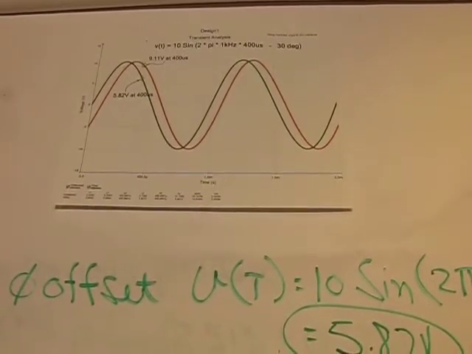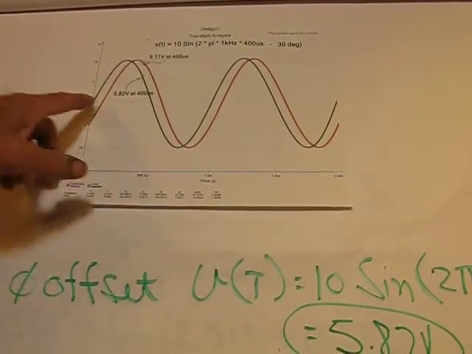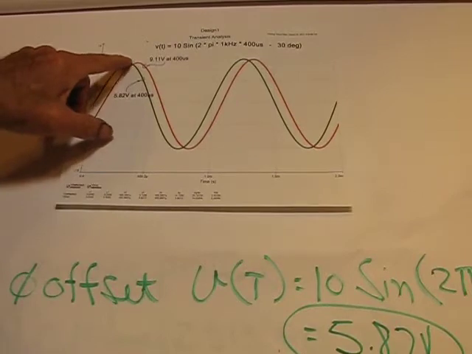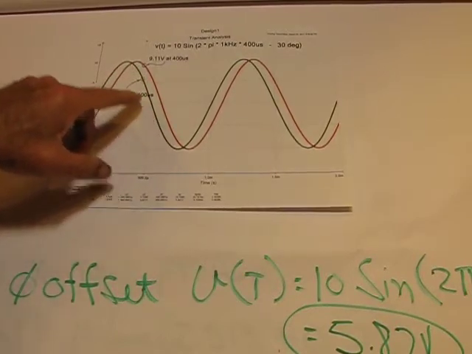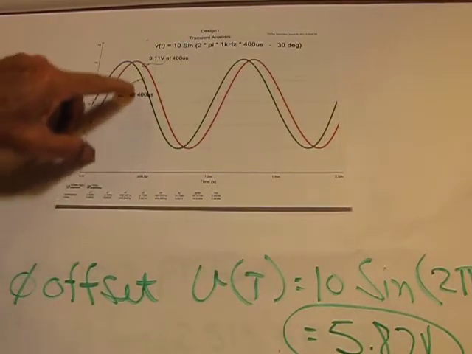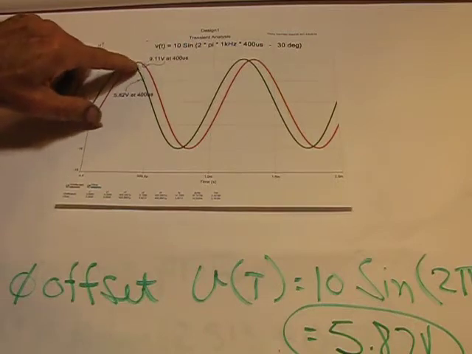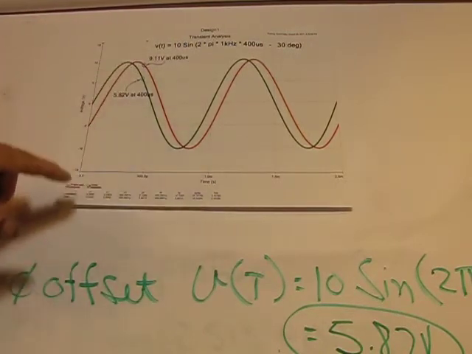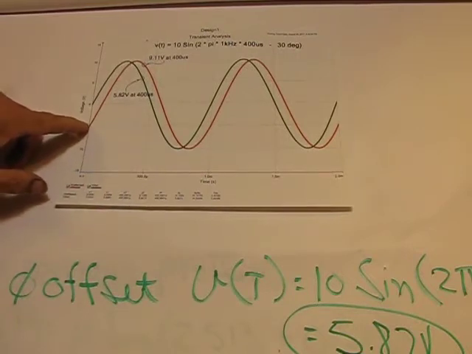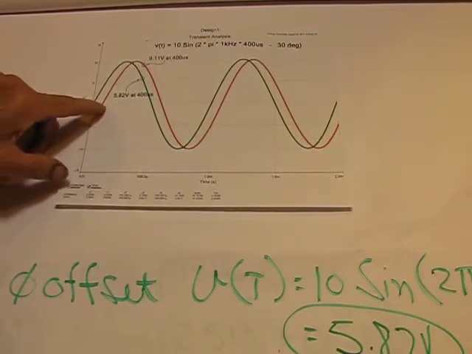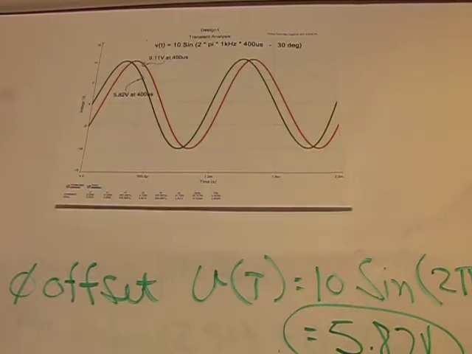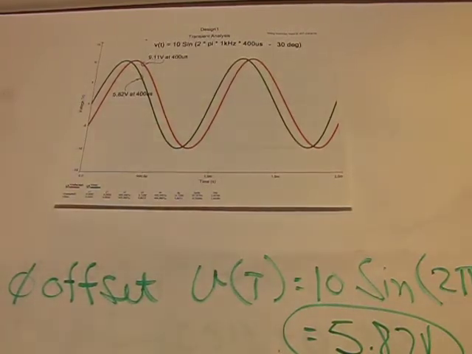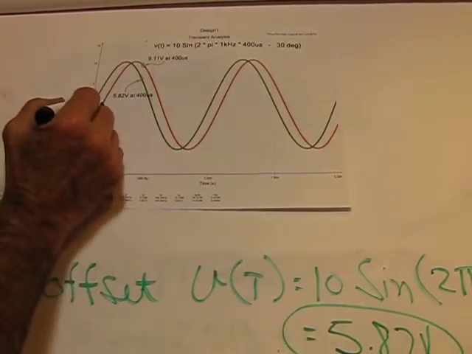Okay. What we see here is a reference signal in green going up to 10 volts. And at 400 microseconds, we get a voltage here of 9.11 volts. Now the signal that's arriving later, this is the later part, right here, between here and here.